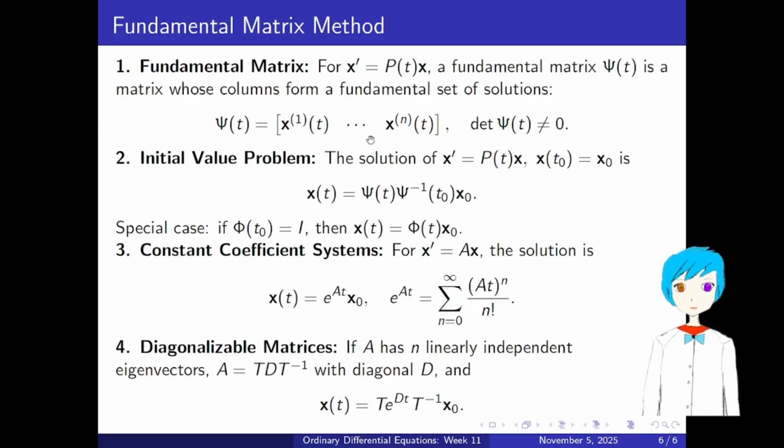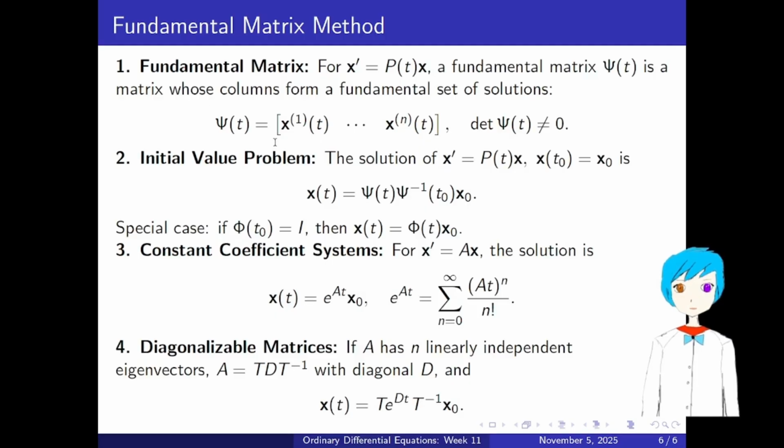combine the fundamental solutions together to form an n by n matrix. Because the n vectors form a fundamental set of solutions, the determinant of this fundamental matrix is always non-zero.